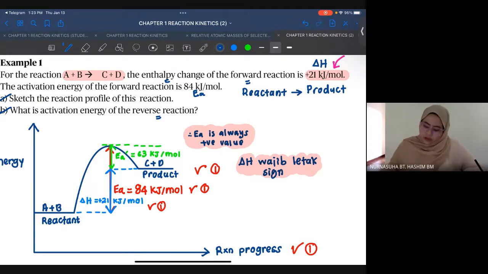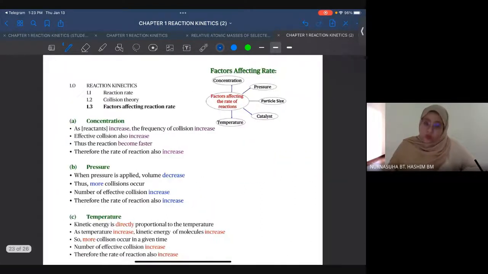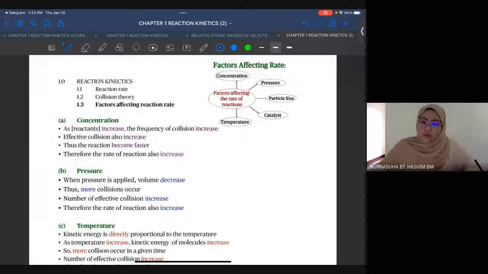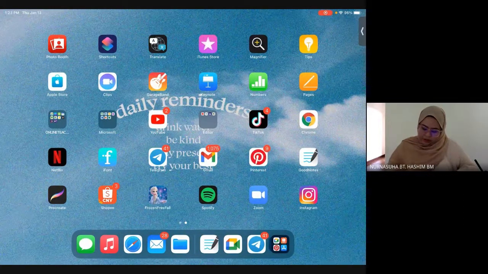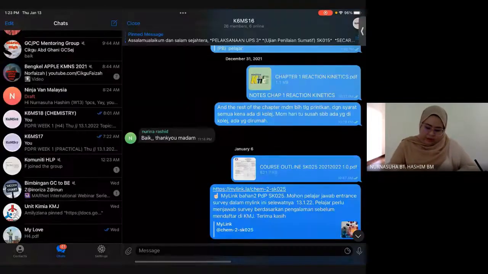Okay, sementara kita tunggu Wadina tu, kita proceed sekejap ni. Sian, ramai internet slow ya. Lately ni macam tak berapa nak okay.